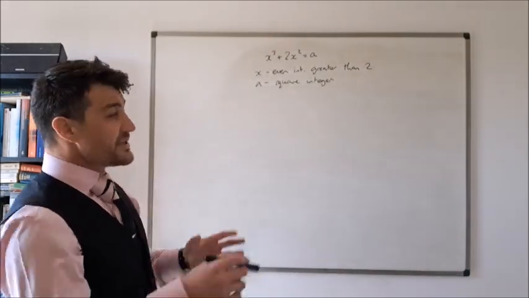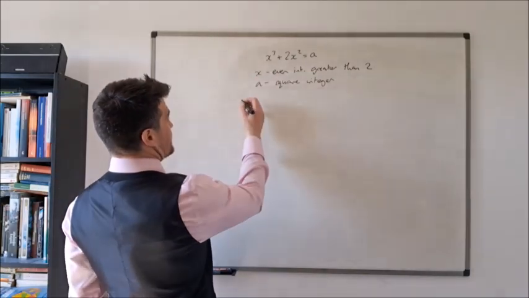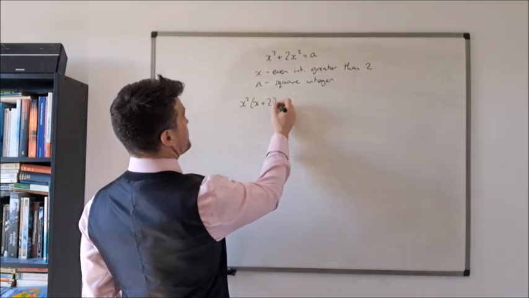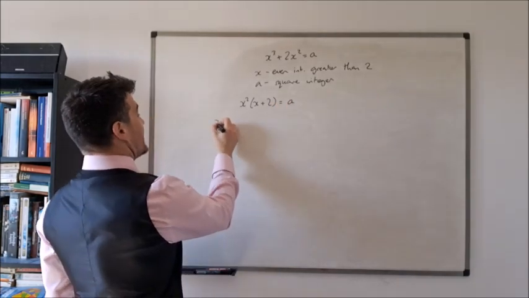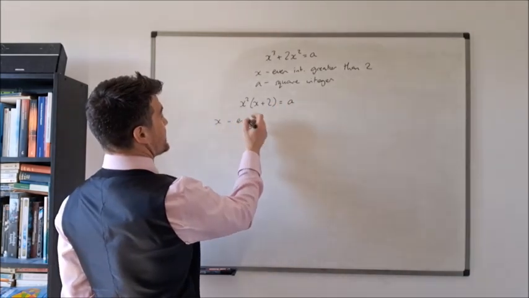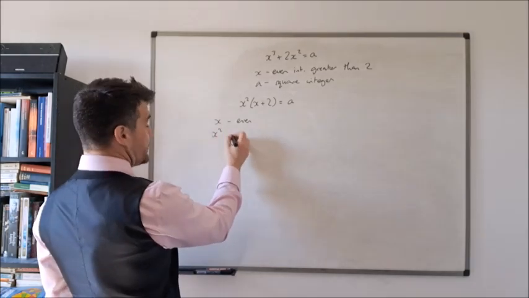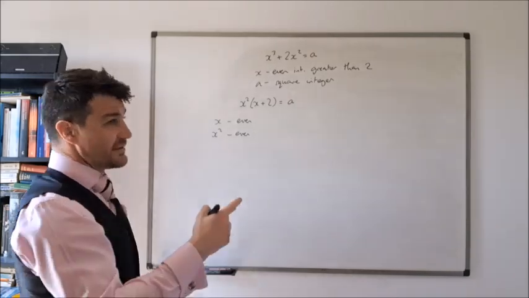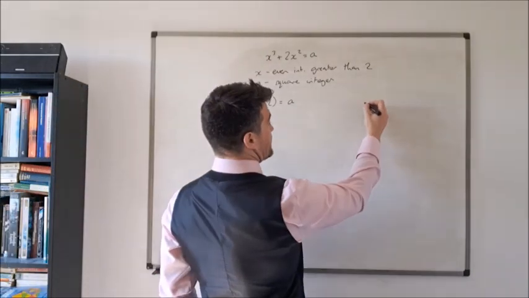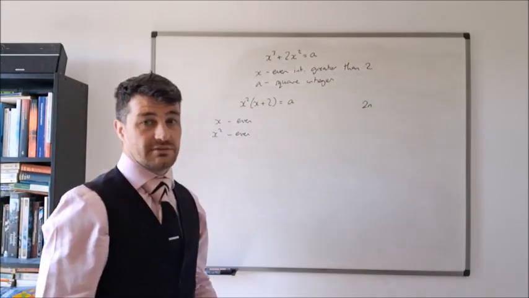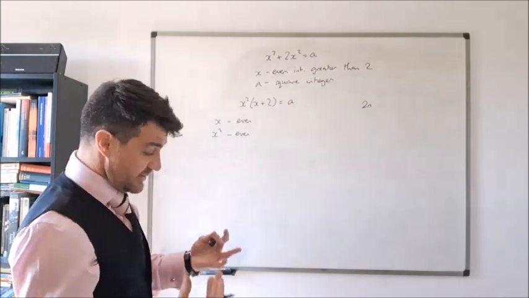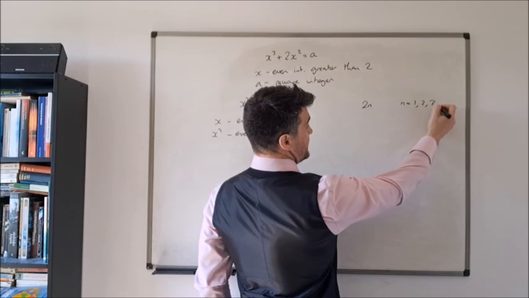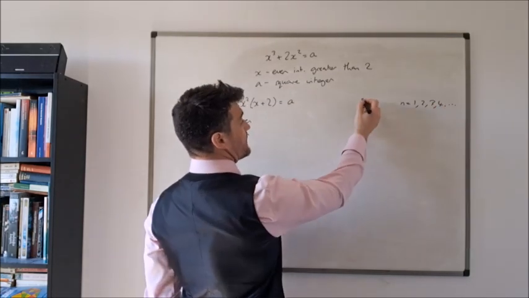So as in the first part, I factorized the left hand side, so I got x squared times (x plus 2) equals a. So we know that x is an even integer greater than 2. So x squared is also going to be an even integer. This is not difficult to prove. For example, if 2n is my even integer, so n is 1, 2, 3, 4 or whatever, let's square this.